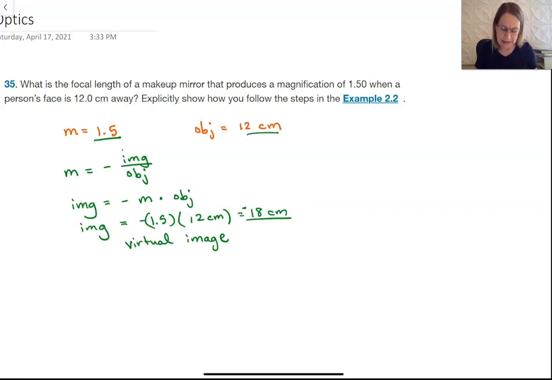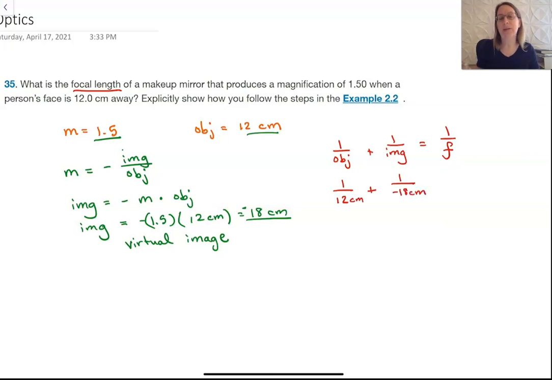So if we then take this, we've got our image distance and we've got our object distance, then we can use our other equation, which says 1 over the object distance plus 1 over the image distance equals 1 over the focal length, and that will get us the focal length. So 1 over the object distance is 1 over 12, we're in centimeters here, plus 1 over a negative 18 centimeters.